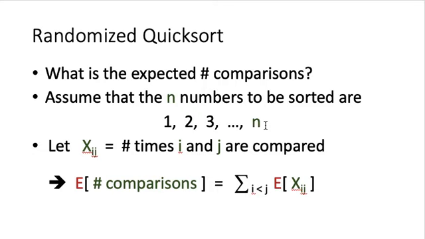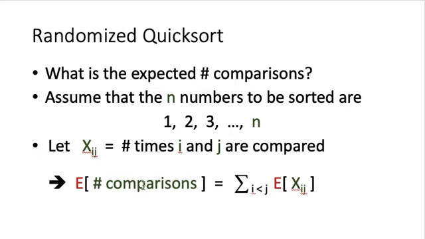So the numbers to be sorted are exactly 1, 2, 3 up to n. And then we define a random variable xij to be the number of times that i and j within this set of numbers are compared.